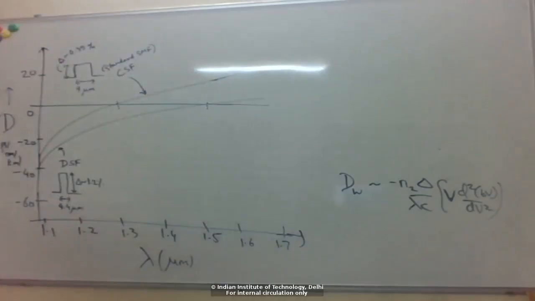As we saw, the broadening and the chirping scales with the dispersion coefficient times the length, right?